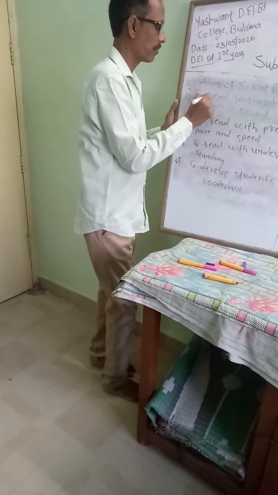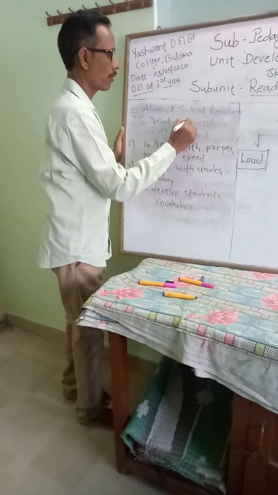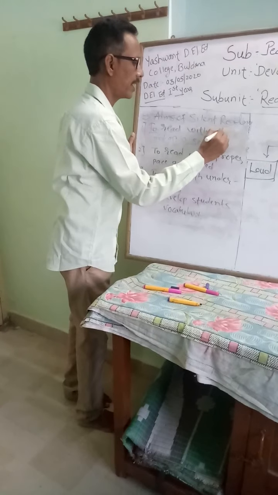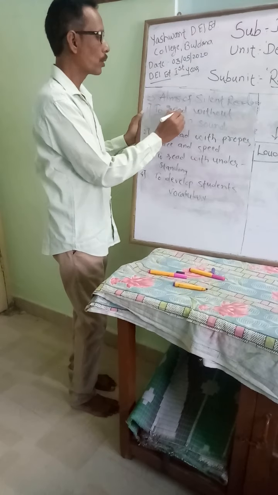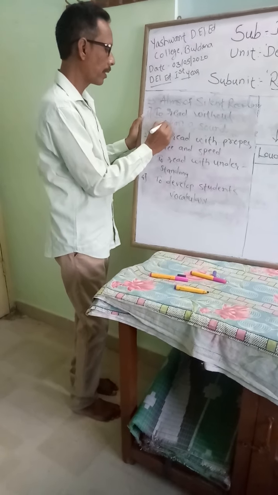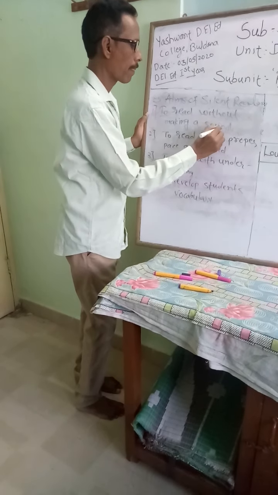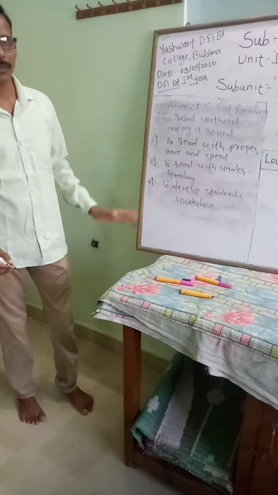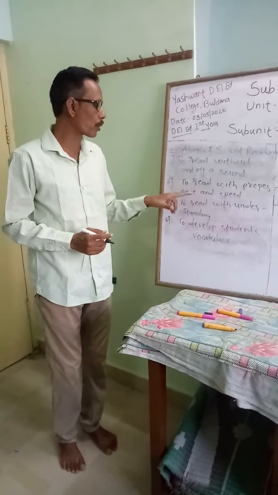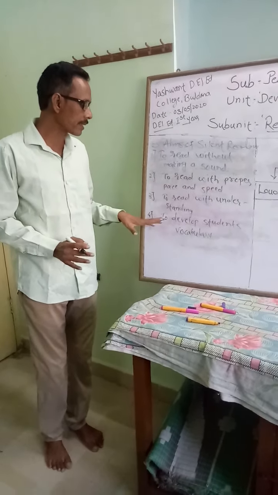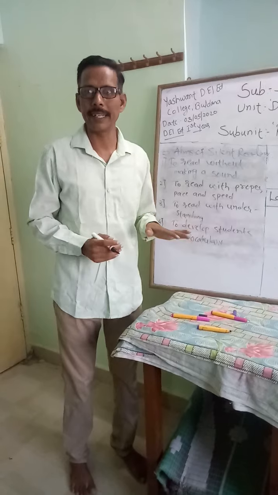So these are the 4 aims of silent reading: to read without making sound, to read with proper pace and speed, to read with understanding, and to develop students' vocabulary.